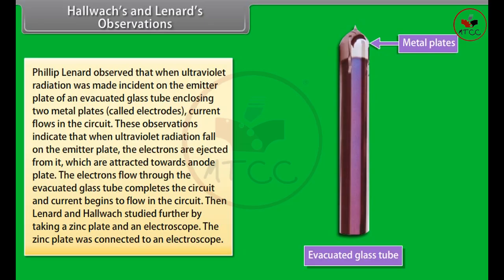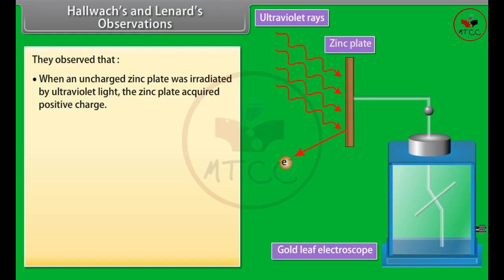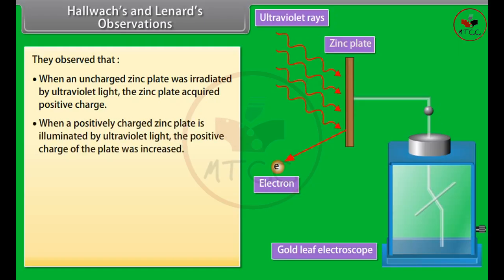Then Lenard and Hallwachs studied further by taking a zinc plate and an electroscope. The zinc plate was connected to an electroscope. They observed that when an uncharged zinc plate was irradiated by ultraviolet light, the zinc plate acquired positive charge. When a positively charged zinc plate is illuminated by ultraviolet light, the positive charge of the plate was increased.